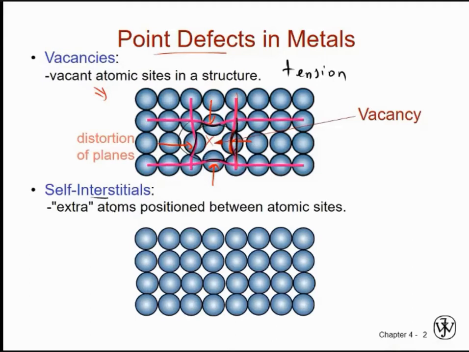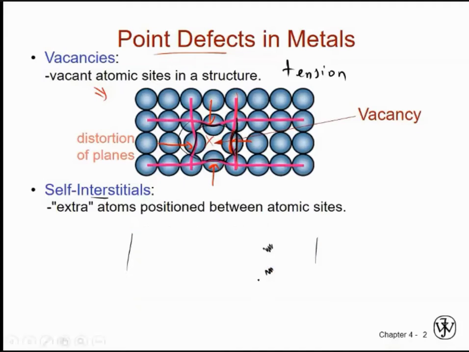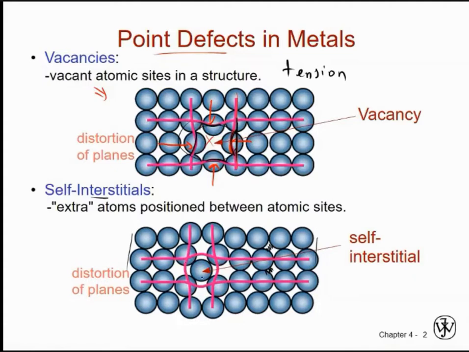And here we have self-interstitial. As you can see, I have this perfect arrangement. This time I will have an extra atom in that interstitial space, such as this one over here. So this one should not be here, but we have self-interstitial, so this atom is here. As a result, it will push other atoms aside.